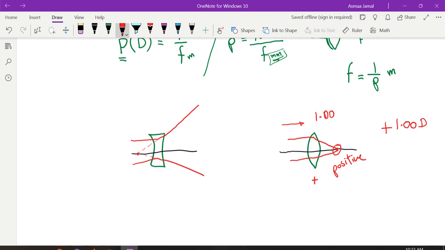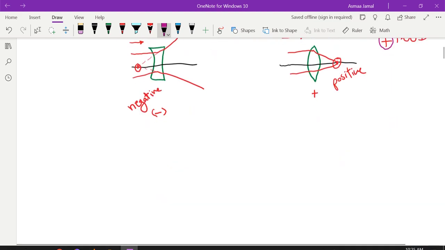The focal point is on the same side as the incident light, which means they have a negative focal length. And that makes the power value of this lens negative. So the same 1 diopter, but here for the concave lens it will be minus 1. So in the power of the lens you have to write those signs to determine whether it is a concave or convex lens.